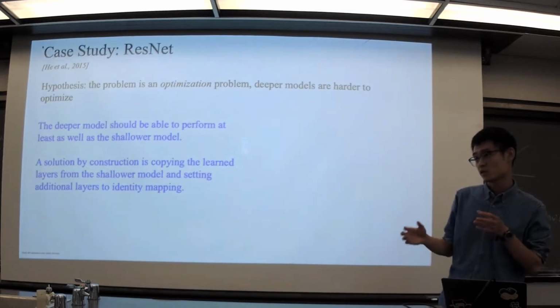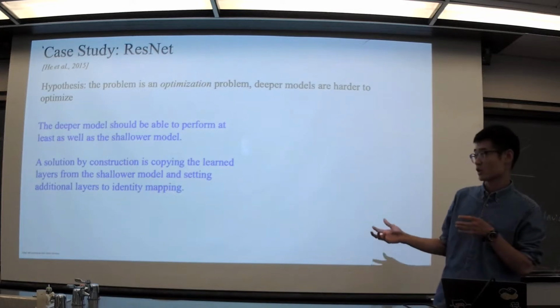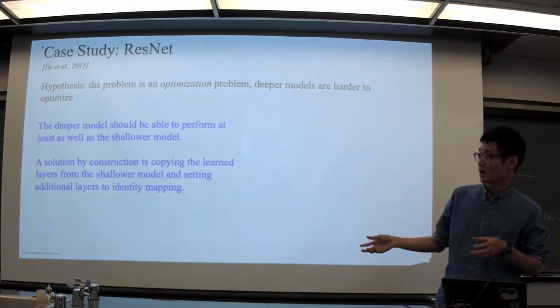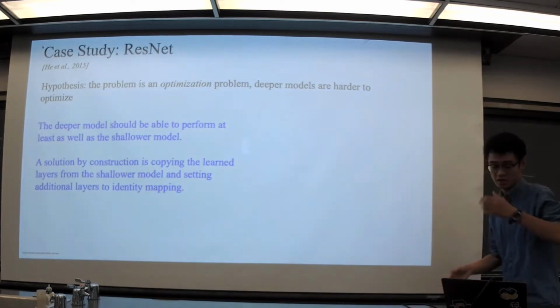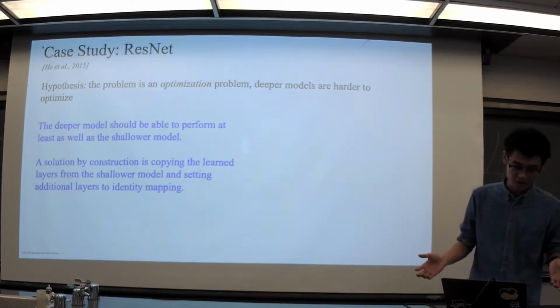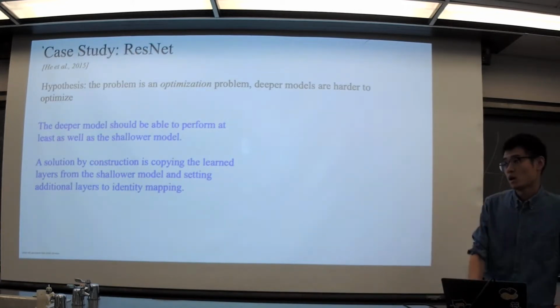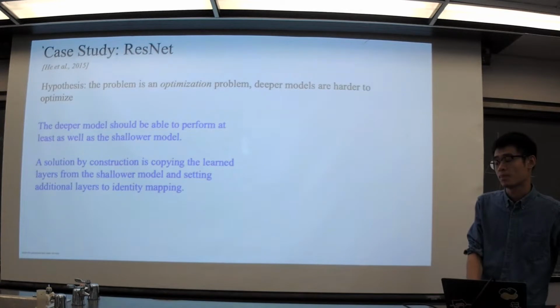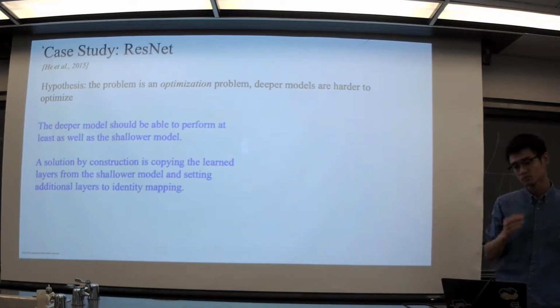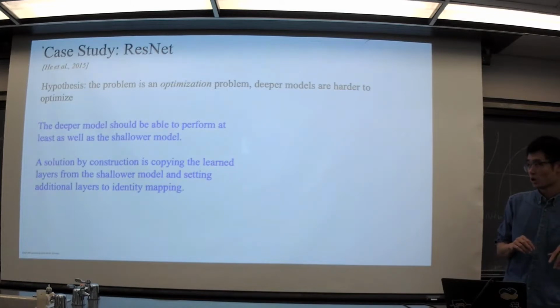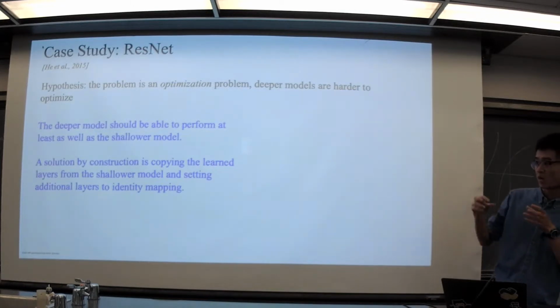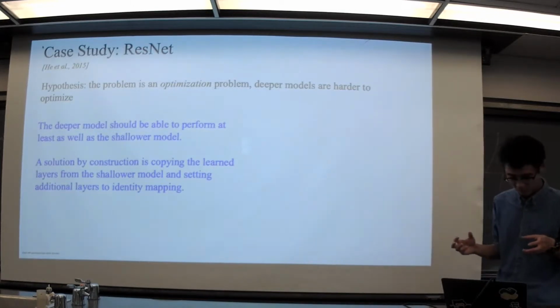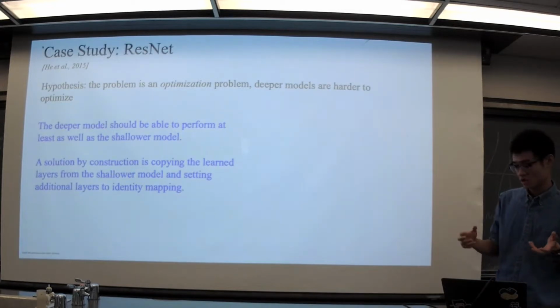If you can train this deeper model, of course it should perform at least as well as the shallow models, because it has more parameters and it can be used for more complex things, right? Complex transforms or anything like that.